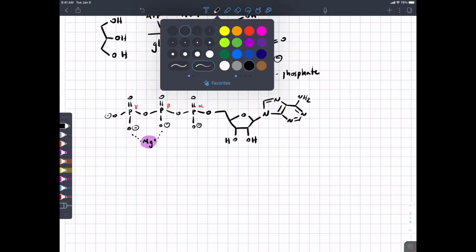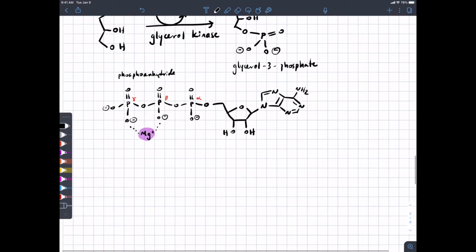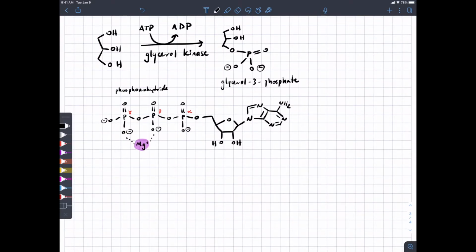So if you look at ATP, as we pointed out before, each of these bonds between phosphate units is a phosphoanhydride bond. And phosphoanhydride bonds are weaker than phosphoester bonds in the same way that regular anhydrides, carbon anhydrides, are more reactive and are weaker than regular esters, right?